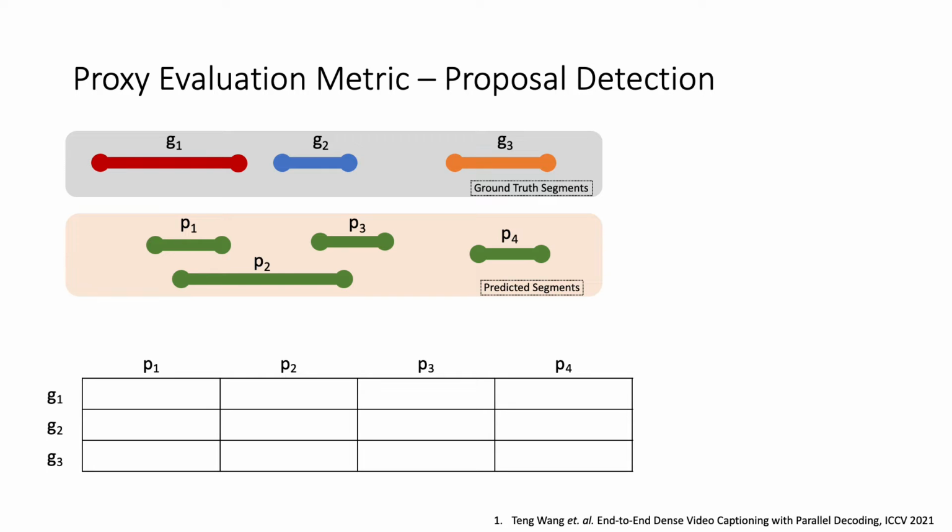First, we discuss how the proposal detection based metric works, and later we'll look at the issue. We compute the IOU between each ground truth and predicted segment. Here are a few steps in an animation format.